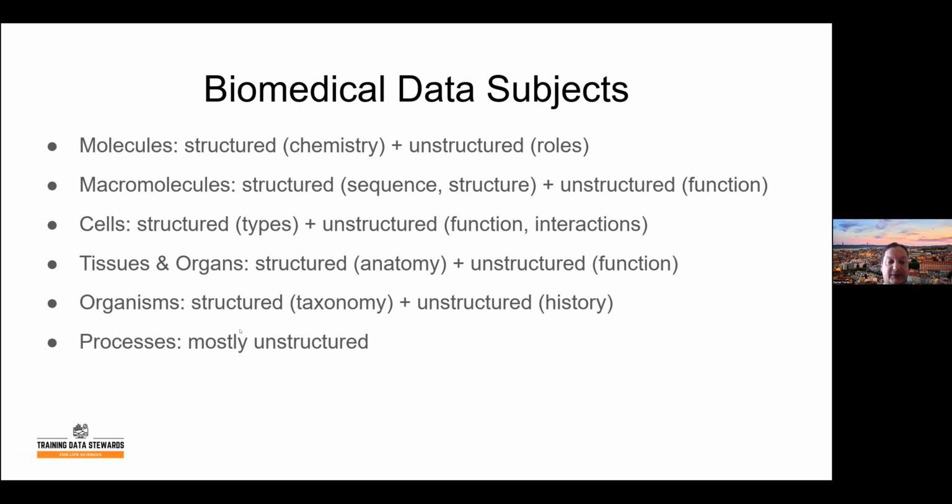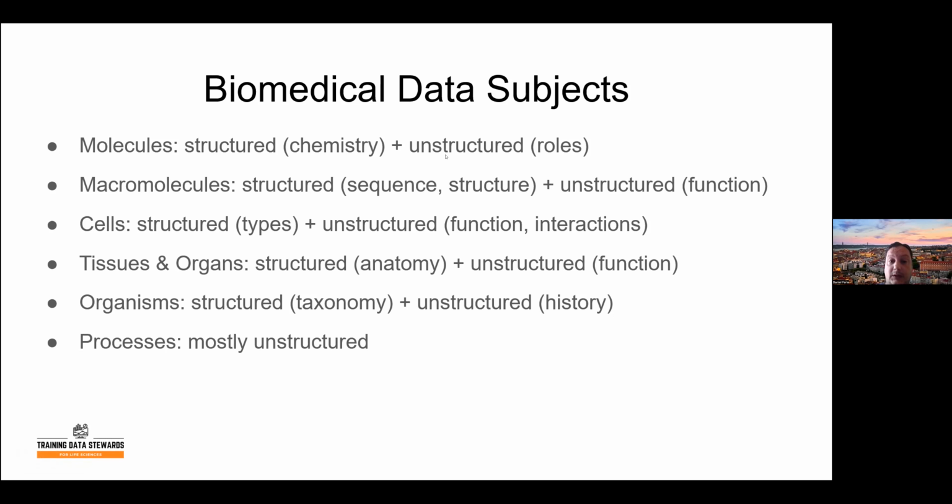And when we talk about processes, it's very hard to capture everything in a structured way. For example, just thinking about a gene expression experiment where we're comparing a tissue that has a drug and a tissue that doesn't have a drug, describing the whole process and describing the rationale underlying the experiment is not easy to do in a structured way.